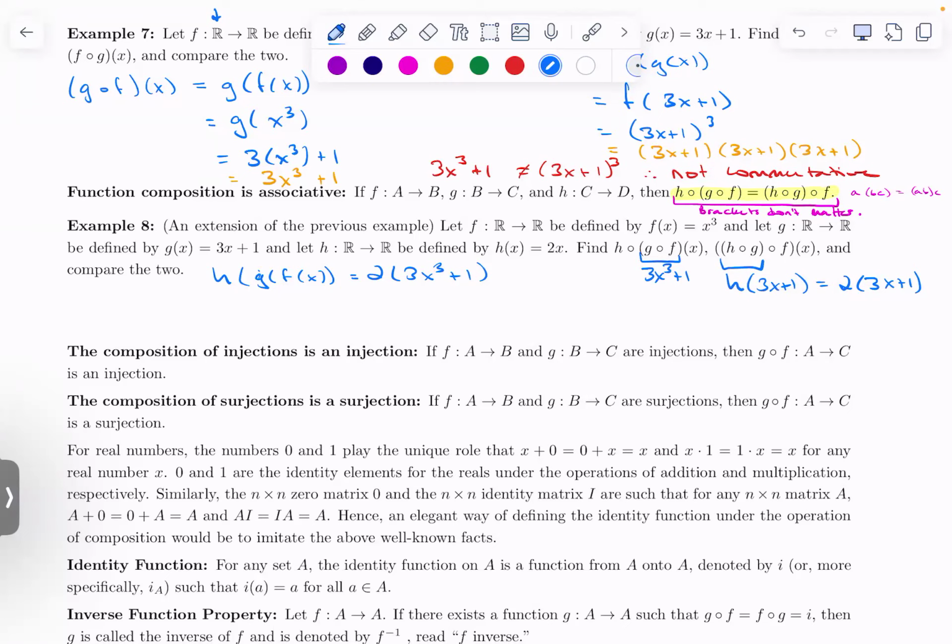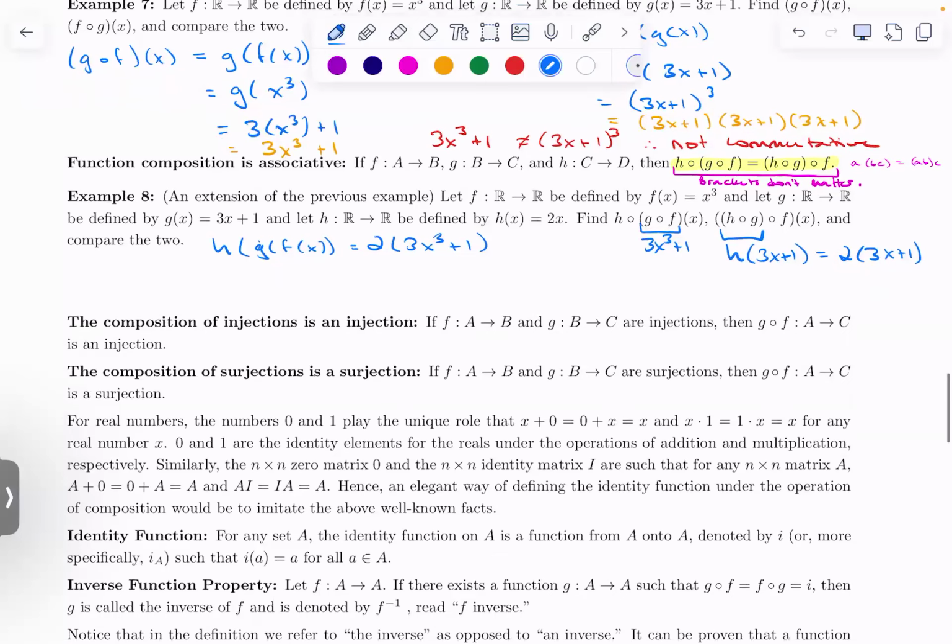There's no problem. This composed with f means I'm going to put f into this. And so wherever I see an x, I'm going to replace it with x to the power of 3.